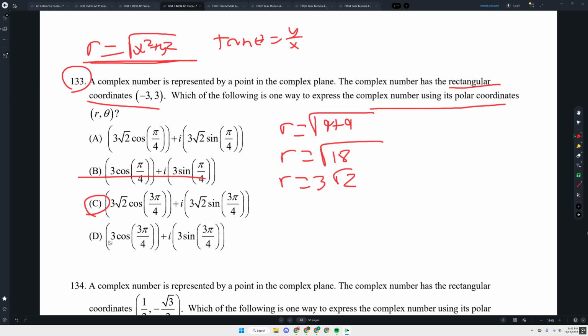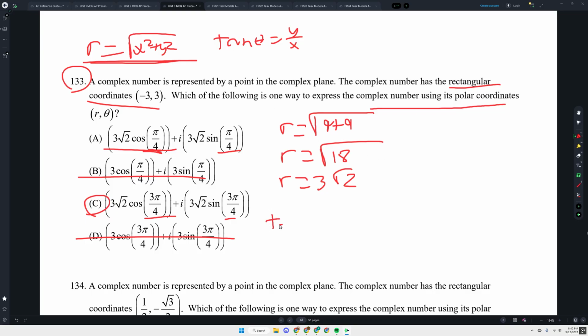Which means it can't be B or D. From there, now we need to find our theta. So there's pi over 4 and 3 pi over 4. There's 2 ways we can do this. We can test it by going through this entire thing and checking where it lines up, or we can just solve it. So we'll solve it.